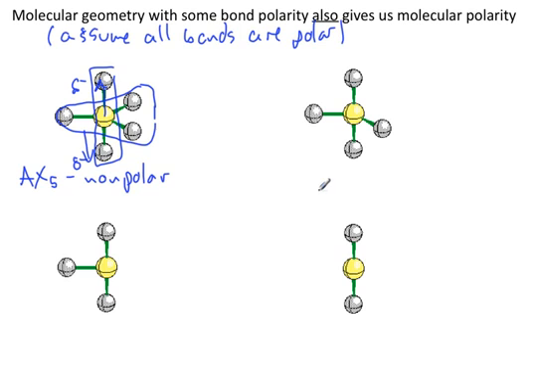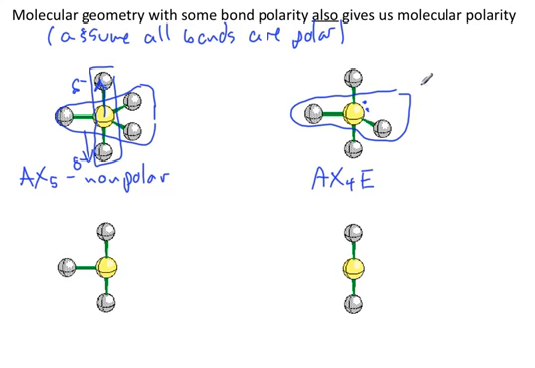Well, that's going to change as soon as we remove one of those bonded atoms and add a lone pair. So now I have an AX4E orientation. Remember, this is now a lone pair. And so that is a seesaw orientation. And so what we've changed, in terms of polarity, is we've removed one polar bond, but what we've done is we've removed that symmetry in that equatorial region.